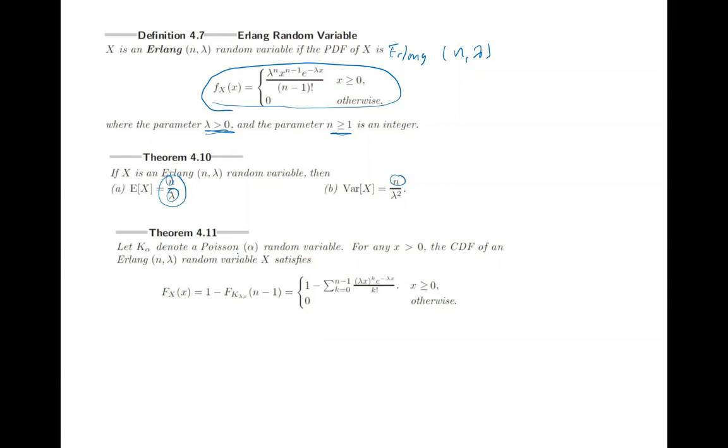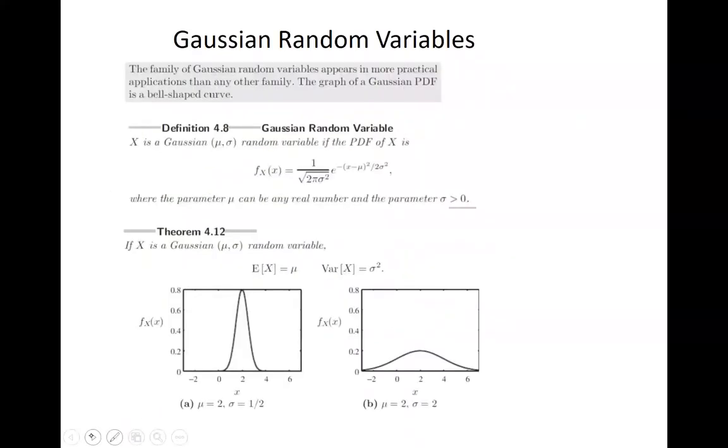And the Poisson random variable, the next one, is given by this PDF. You see, it's a little bit complicated. And finally, the Gaussian random variable, which is one of the most important random variables in electrical engineering and in some other disciplines.